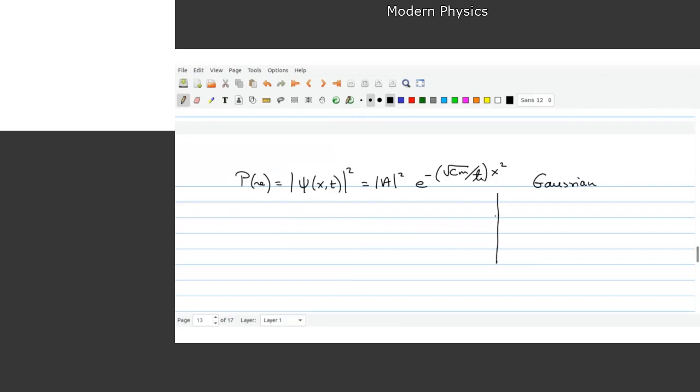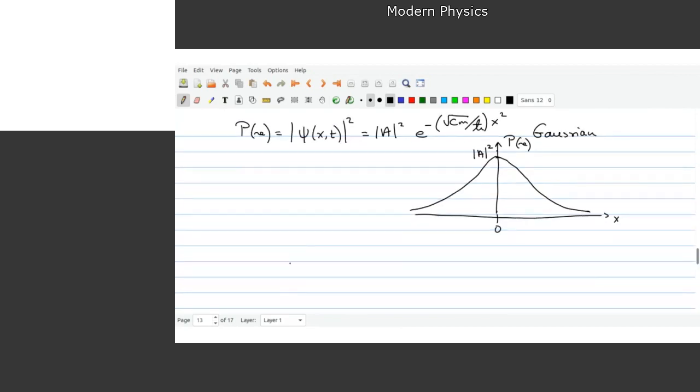So you have something like P of X, and you have X here, 0, X, and this is maximum here. So at X equal to 0, you will have modulus of A square, and you will have some decaying. This is a Gaussian, believe me. It's not very beautiful.